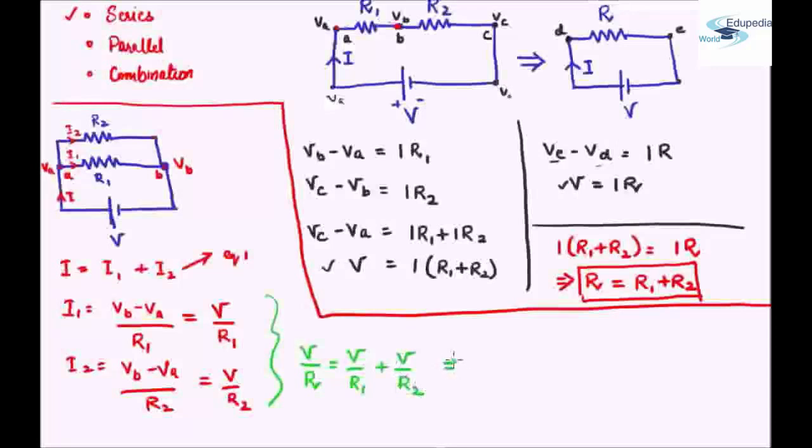And if we simplify this, V's will cancel out, and what I get is 1 by capital R, that is 1 by equivalent resistance, is 1 by R1 plus 1 by R2. Therefore, if resistances are parallel to each other, their reciprocals add up to give the equivalent resistance.